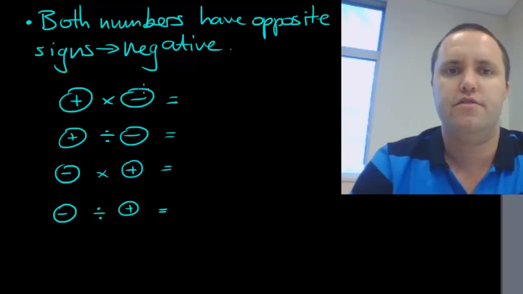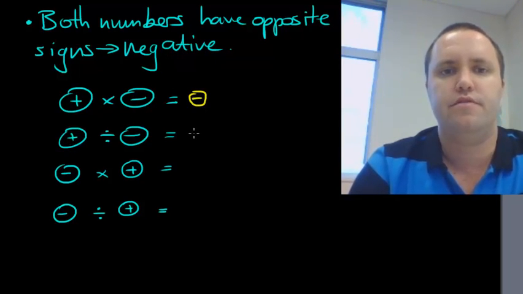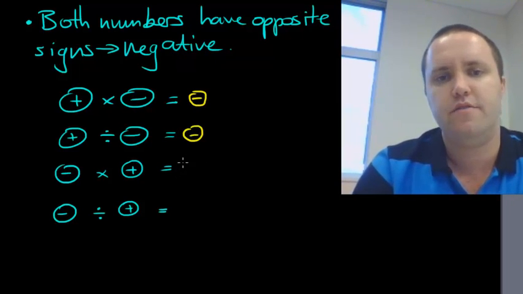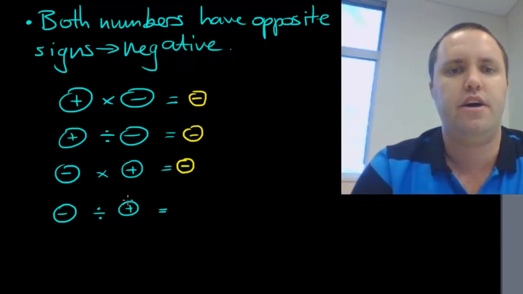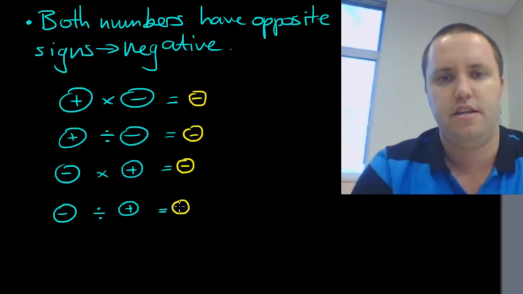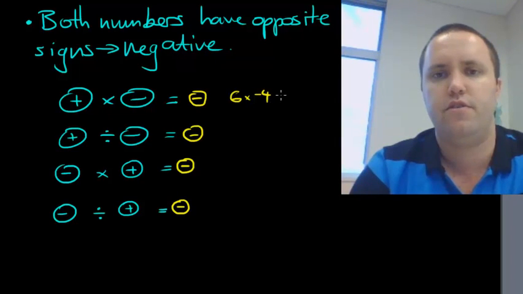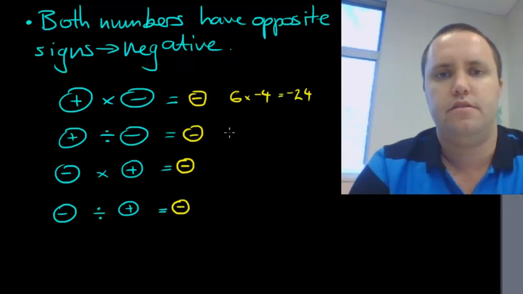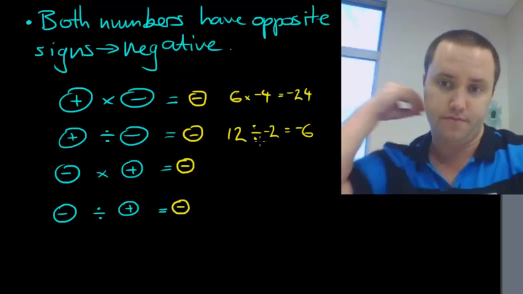If both numbers have opposite signs, then you will have a negative answer. So positive times negative is negative. Positive divided by a negative number, negative answer. Negative times a positive gets you a negative answer. Negative divided by positive gets you a negative answer. So if we had 6 times negative 4, that is negative 24. 12 divided by negative 2 is negative 6.